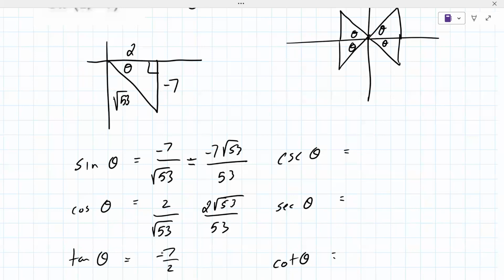Good. Okay, keep going here. Negative root 53 over 7.